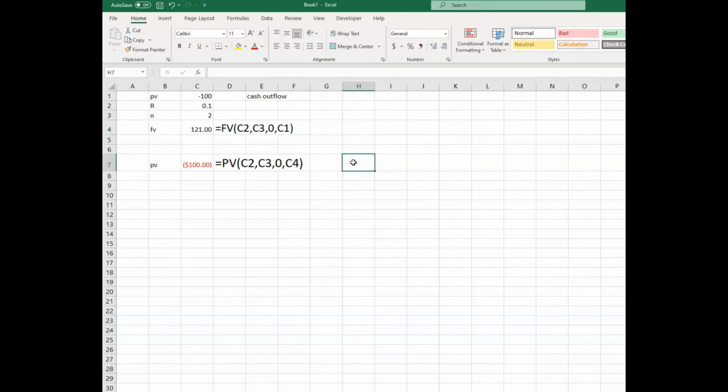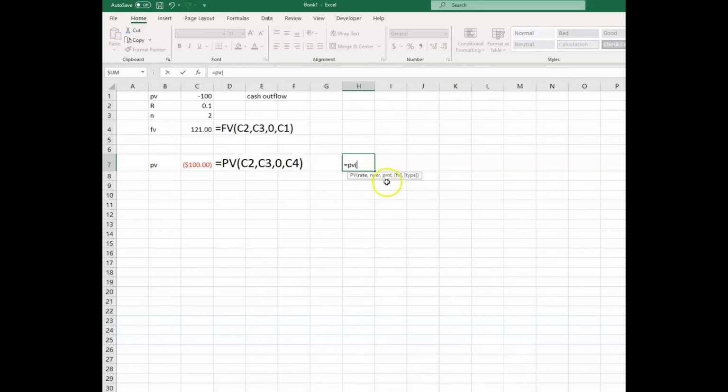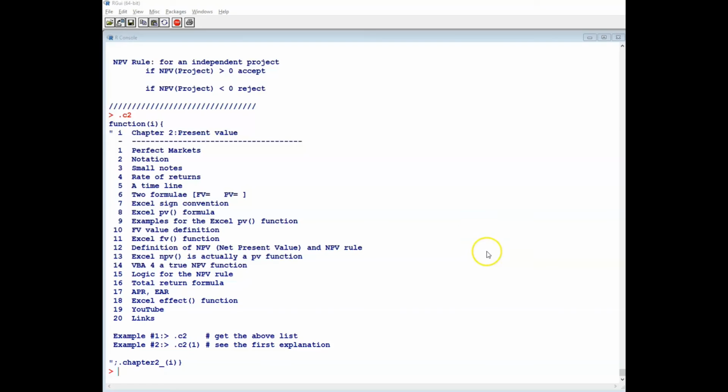The second function is present value, PV left parenthesis. We have a rate, we have the number of periods, and because for one future cash flow payment is 0, then this is future value. So these are two functions, future value versus present value.